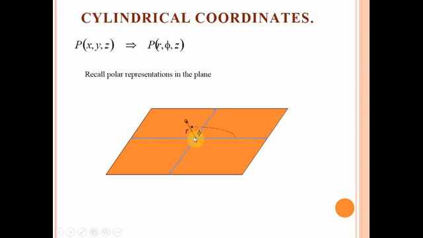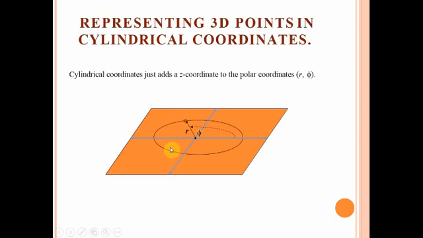The first coordinate in cylindrical is the distance from the center up to that point. The second coordinate phi is the angle from a particular axis up to that point, as the position vector of r rotates. So we can draw a circle with radius r in this plane. So we got r, phi.